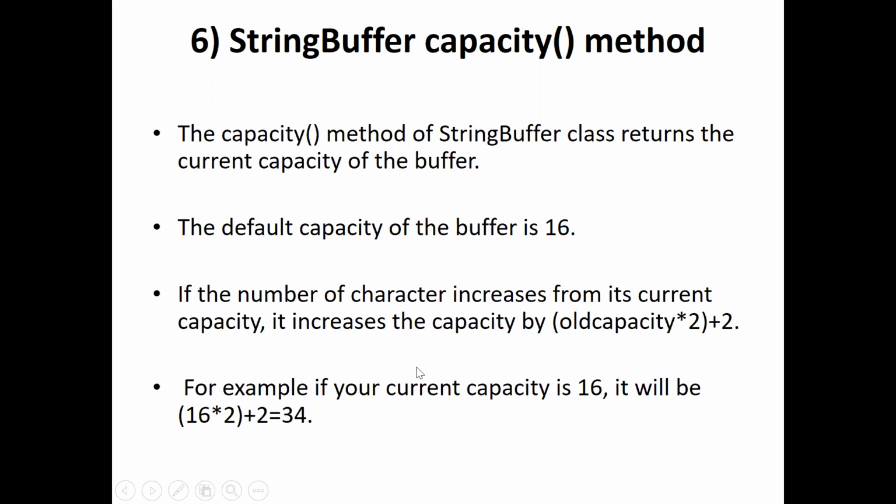Whenever you need more than 16, the old capacity will be doubled plus 2. So if the current capacity is 16, then 16 into 2 is 32, plus 2 is 34. It will be this capacity.